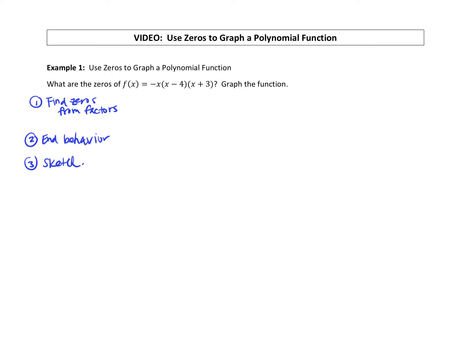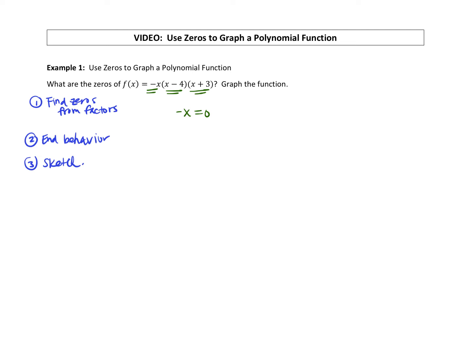Okay, so hey, good news. Our polynomial is in factored form right here. So the zeros of a function are when your function is equal to 0, and that will happen when your polynomial crosses the x-axis. So in factored form, you're going to take each factor and set it equal to 0 and solve for x.